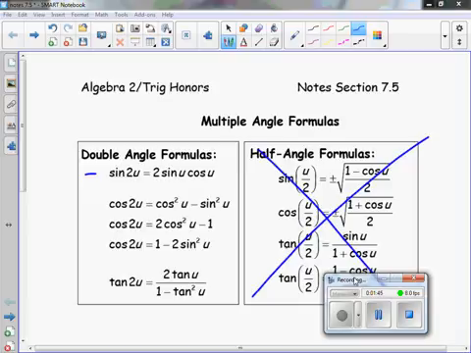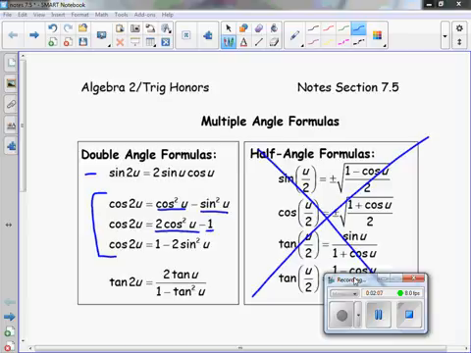For cosine, we have 3 different options. The cosine of 2 times an angle is equivalent to either the cosine squared minus the sine squared, or 2 times the cosine squared minus 1. We can obtain that utilizing the Pythagoreans.